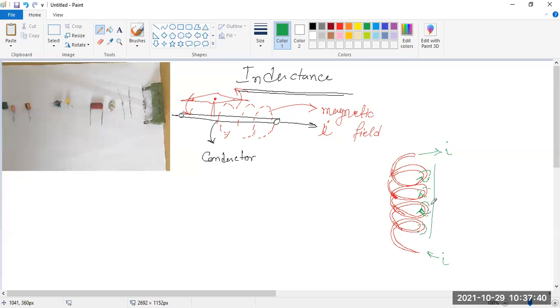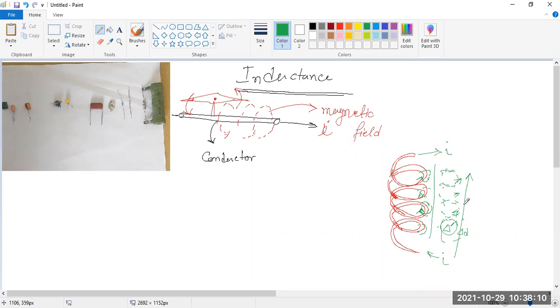For a particular cross section, say del D, in the surrounding area there is a magnetic field. Throughout this area there is a magnetic field, but I am considering only a particular area. So if there is a direction and I add them, it is a vector sum.